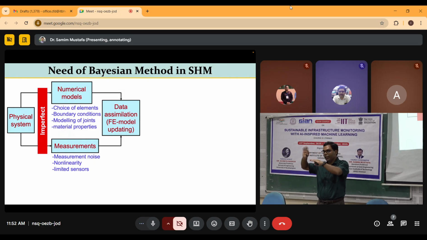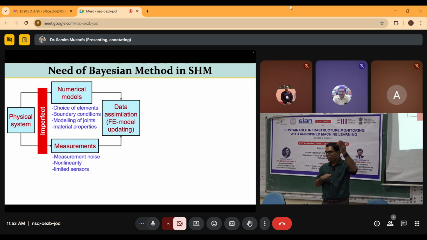Suppose you are performing modal analysis in the numerical model, you are getting certain frequencies, and then you are testing the structure on site, taking the acceleration. From the acceleration you are performing system identification using some SSI or ERA method, and then you are getting some modal parameters. So if there is a discrepancy, then both are not the same.